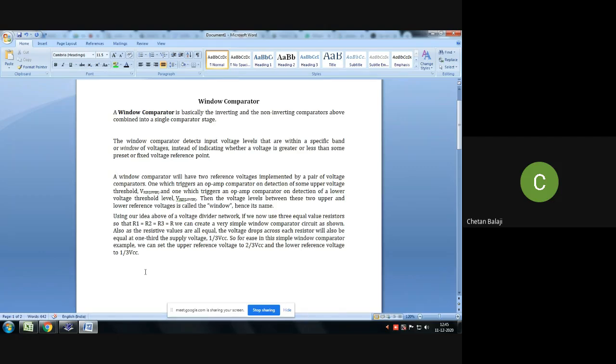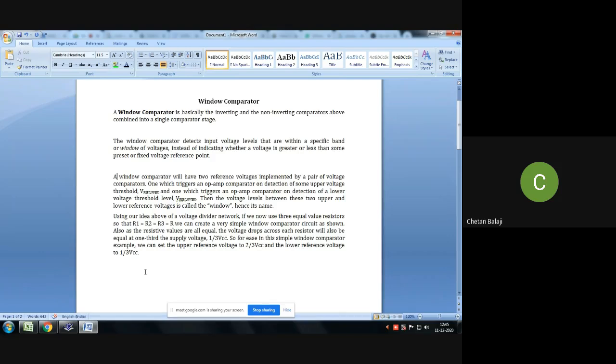Today I'll be demonstrating the working of the window comparator along with the circuit using the Multisim simulation tool. The question is: design and simulate the window comparator using op-amp. This is question number 3 of your part A. If we complete this, we will be completing all 3 experiments of part A, right? So let's start the window comparator without any further delay.